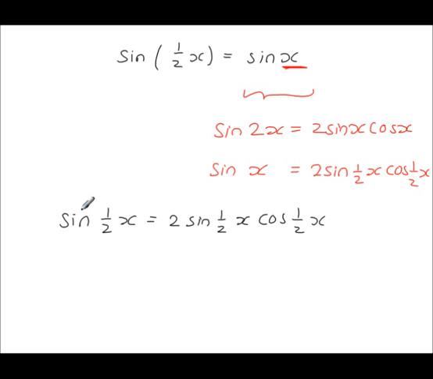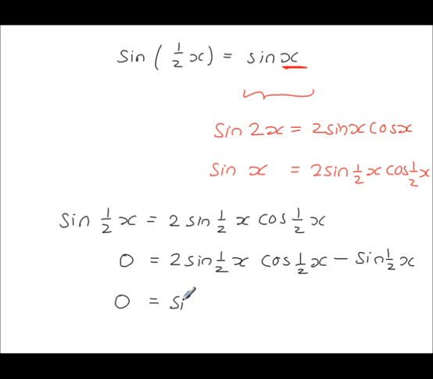And then if I move the sine half x term to the right, we have this minus the sine half x, and then factorizing sine a half x. That's in both of these, so I'm taking the sine half x out.